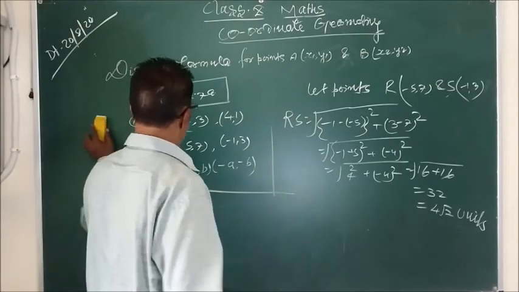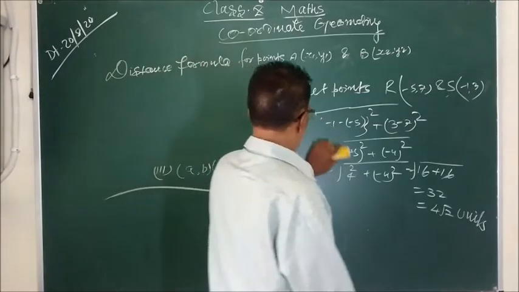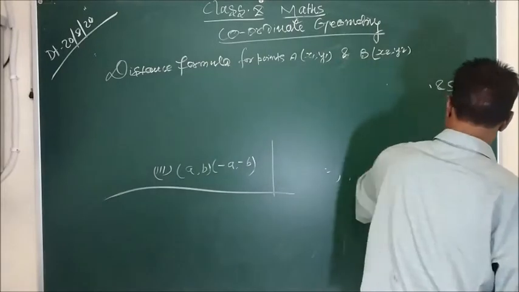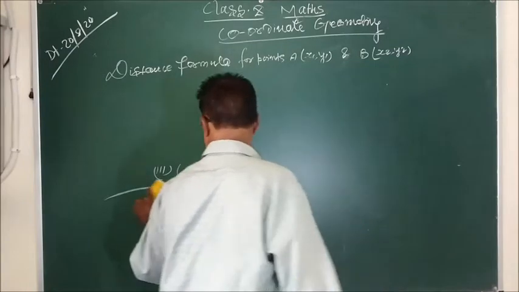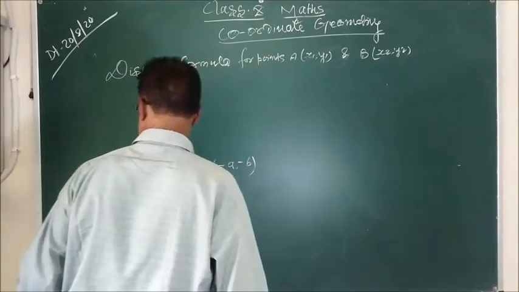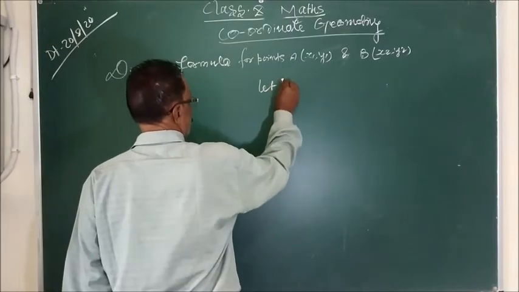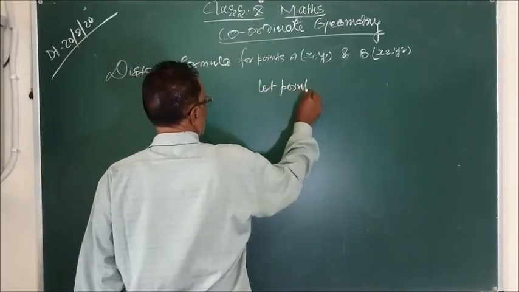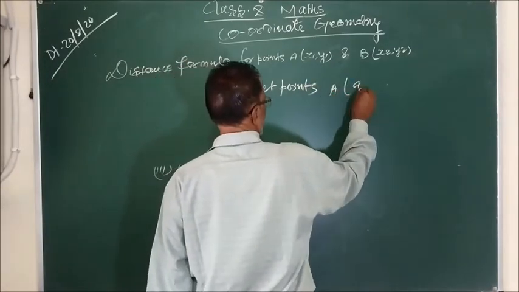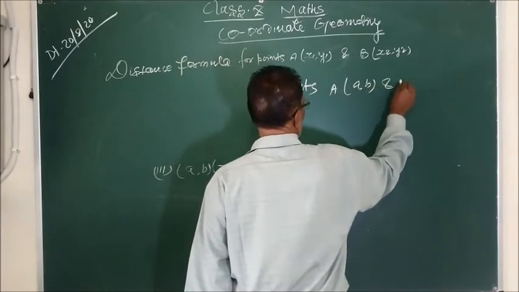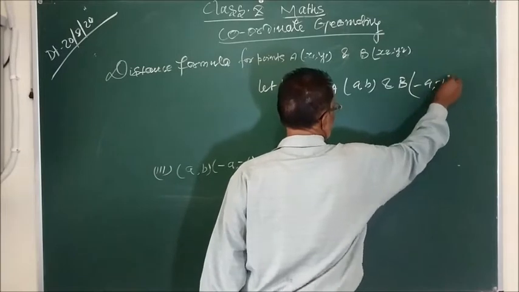Now you see question number 3. As I told you, there may be some difficulty in solving the problem, but the method and formula are the same. Now suppose these are the points; since no names are given, we can give names. Let the points be A, with coordinates (a, b), and point B, with coordinates (-a, -b).